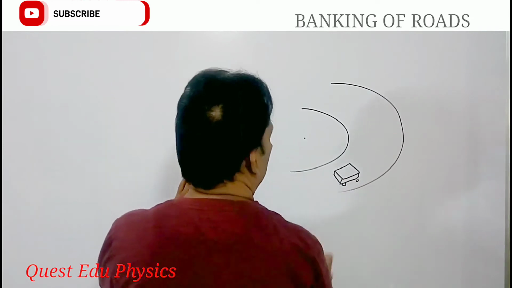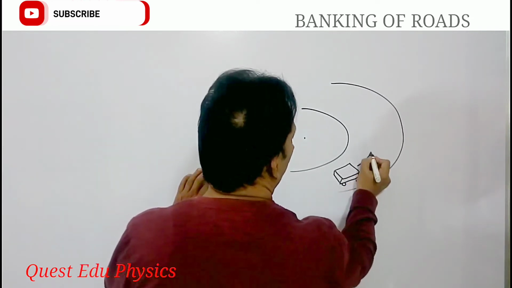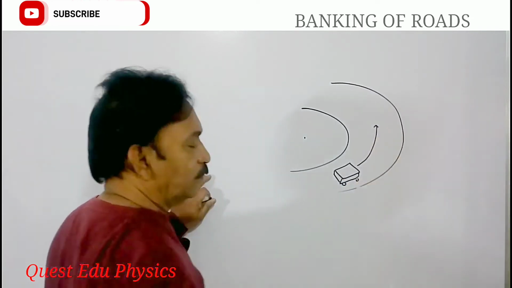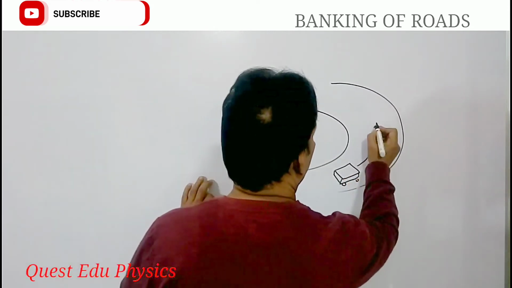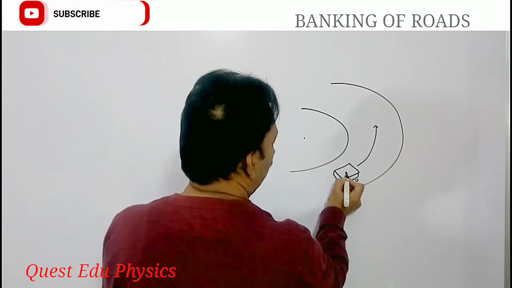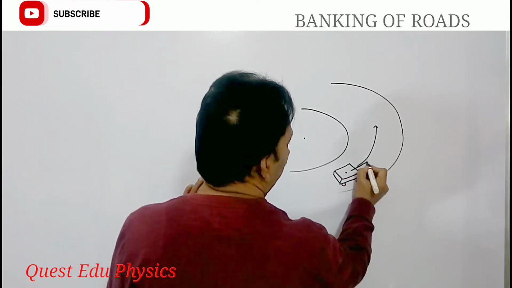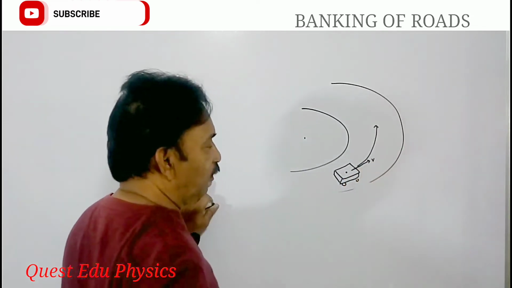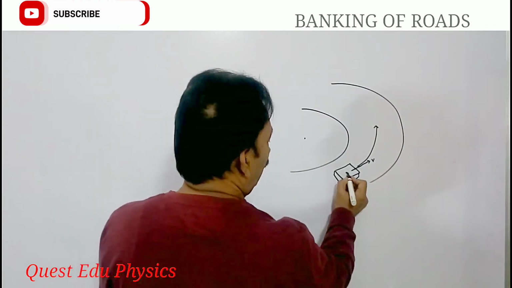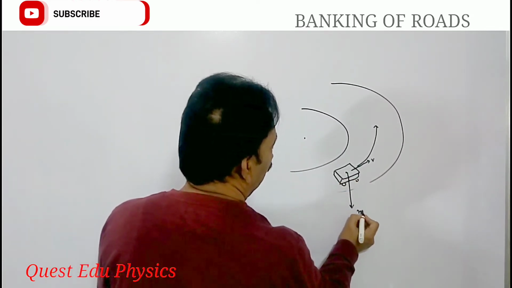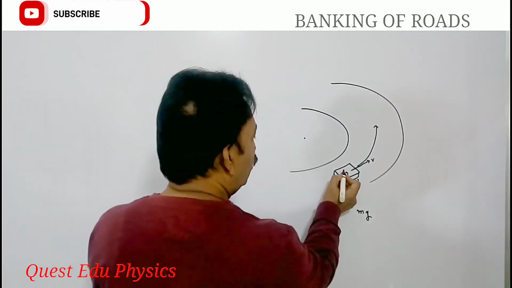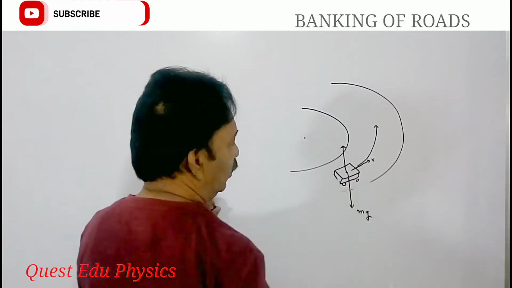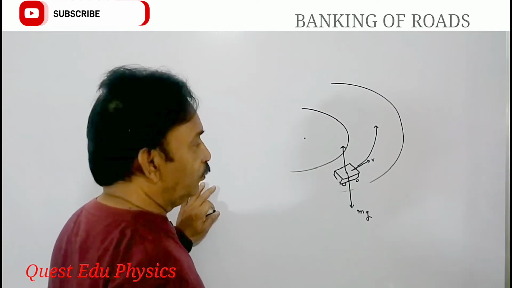Here the vehicle is moving and it has to take a turn. Generally what could happen here? Whenever a vehicle is moving with a velocity of v, it is the direction of the velocity. The weight of the vehicle will work vertically downwards, and as you know the normal reaction will work in this direction.